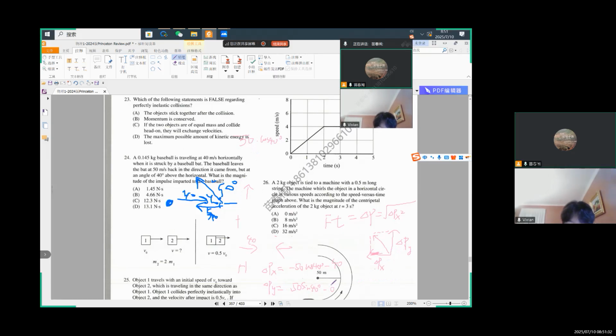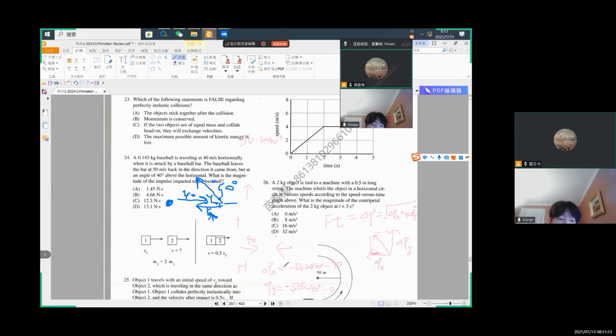If we use x and y, then this is negative, but it's okay anyway. So plus delta py squared, right? Does that make sense?